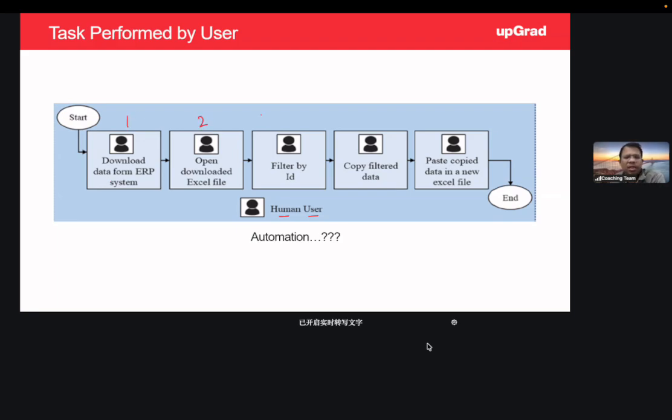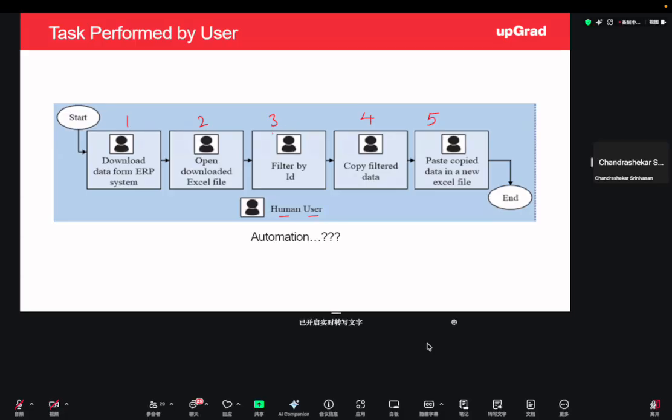If you want to number it, this is 2, 3, 4, 5. So 5 different tasks are there. So what is your take on this? Do you think all 5 can be automated, or 2, 3, 4, or 1, 2, 3, 4? All 5 can be automated, sir.